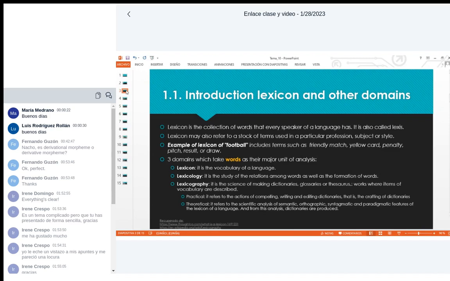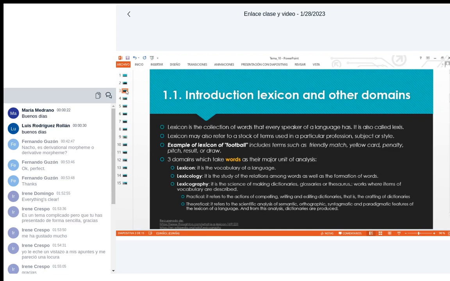But there's also a theoretical approach, which refers not to the fact of making the dictionary, but rather to the science behind the crafting of dictionaries. This approach focuses more on the semantic, orthographic, syntactic, and even paradigmatic features of every word or the lexicon of the language.